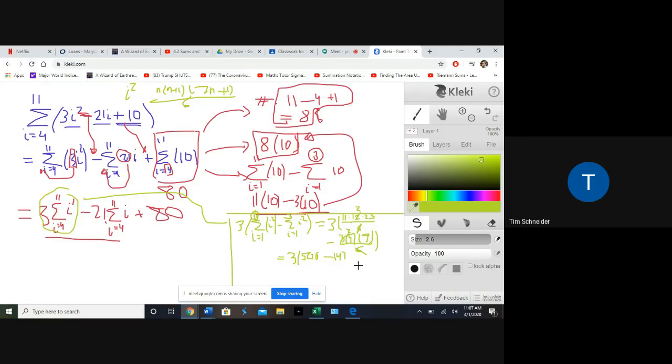So take away 14, multiply by 3, and you get 1476. Not quite Columbus, but close. Okay, so that's this number.